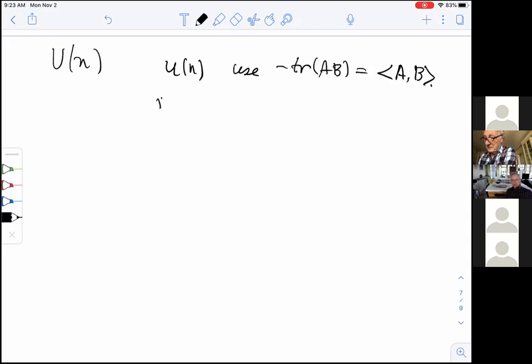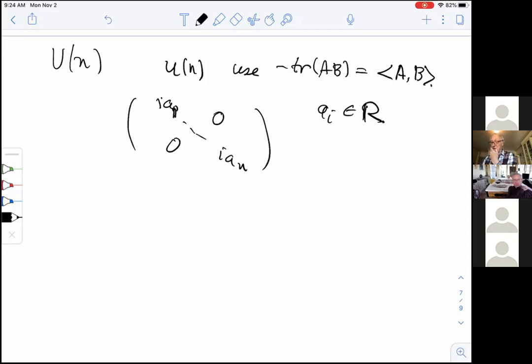would be a purely imaginary diagonal matrix. So entries only down the diagonal, purely imaginary, so the a_i are real numbers. And that is clearly a skew-Hermitian matrix. And the inner product of this matrix with itself, you see, is simply the summation of a_i squared. So the trace, well, here A is equal to B, so you're just taking A squared, you get minus a_i squared down the diagonal.